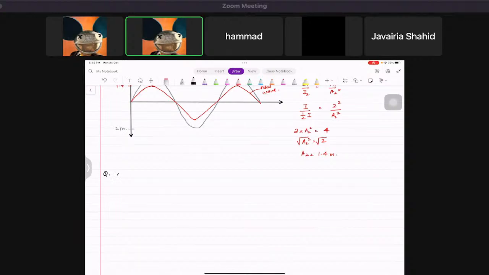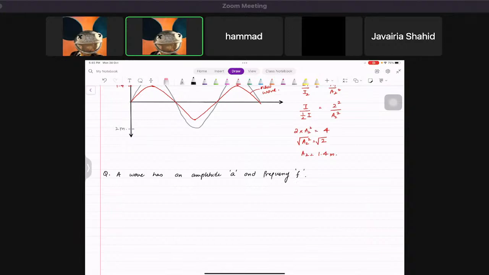So it says a wave has an amplitude A and frequency F. Now they've included the frequency.